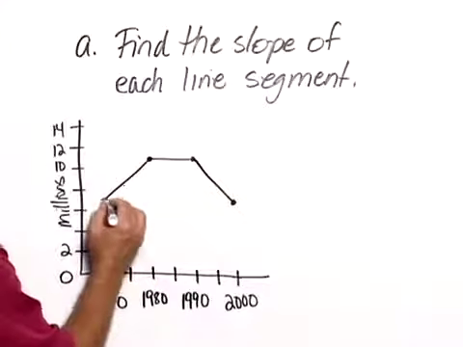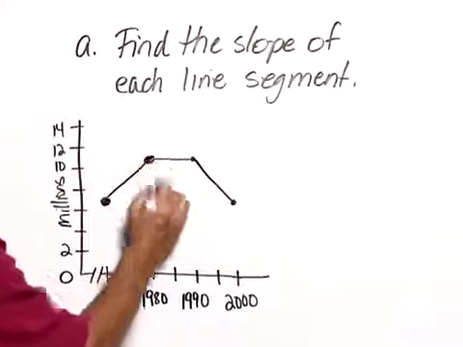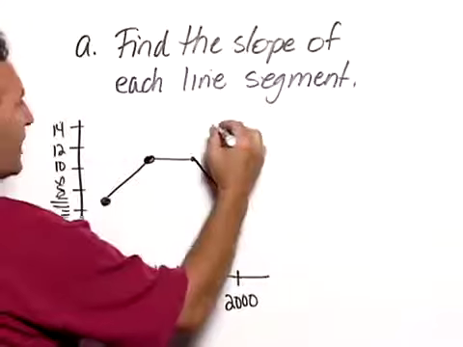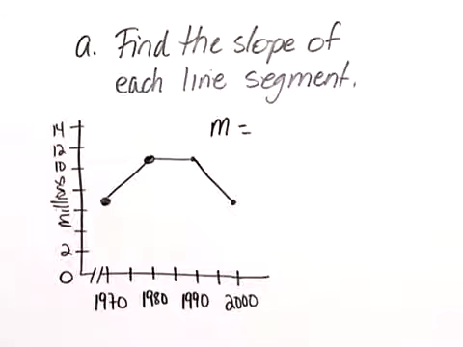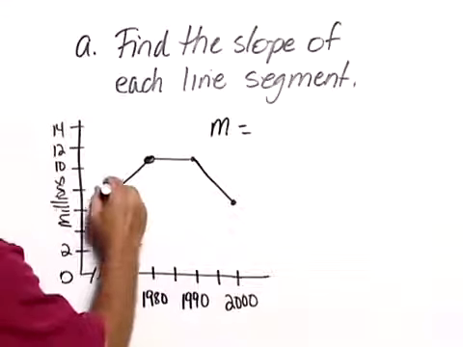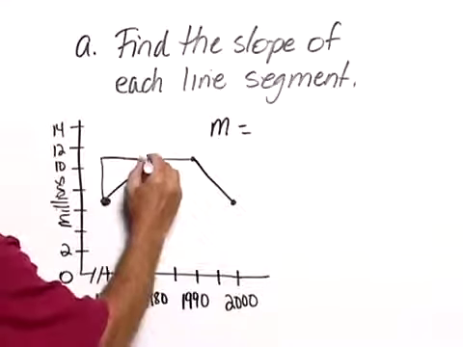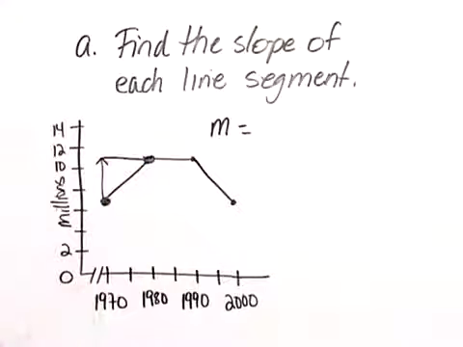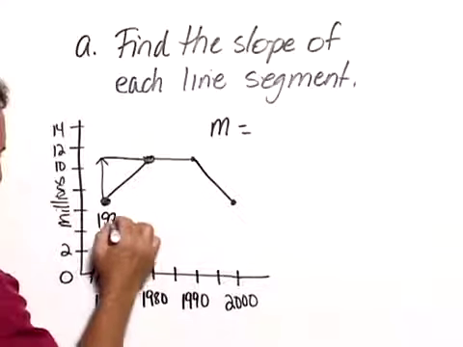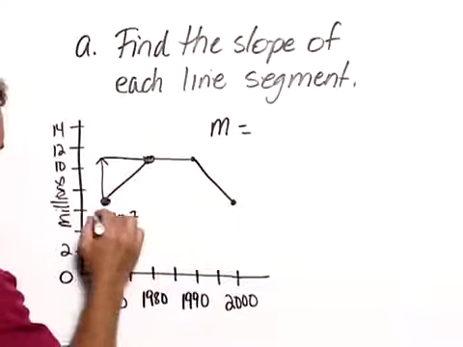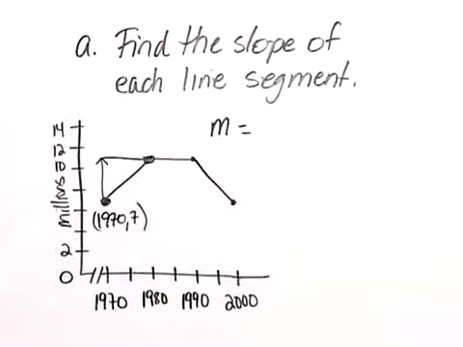To do that, we want to figure out this point, and then we calculate the slope, which is equal to the rise over the run. Well, this point here is 1970, 7 million. And I'll leave it just as 7.